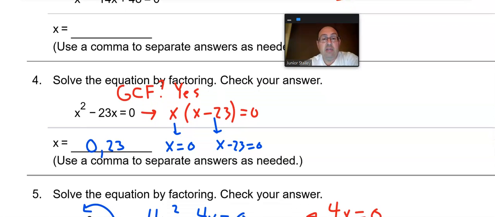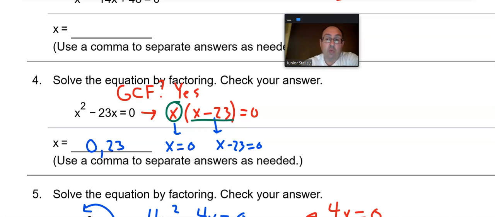Is there a GCF? Yes. Now, the GCF here was just plain old x. So we pulled the x out. That left us with x minus 23. If you don't believe me, you can just distribute the x back in. You'll go right back to the beginning and feel like you wasted your time.